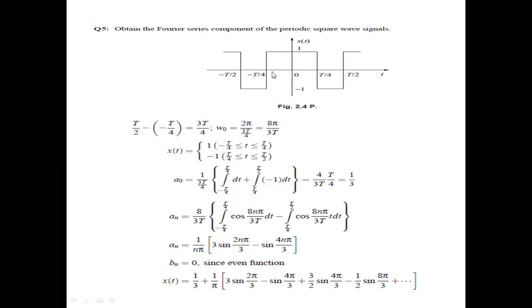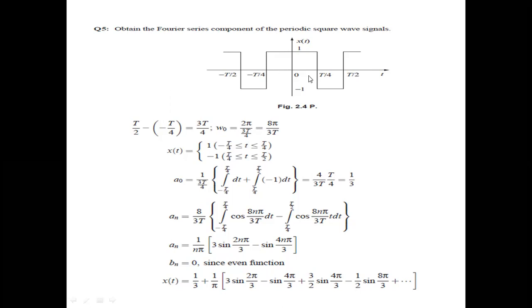Within this range it is 1. And another one you can see here, minus 1 is also there, because of the negative cycle, that is in the range of minus T by 2 to minus T by 4, or T by 4 to T by 2, minus 1. Understood, my dear students?